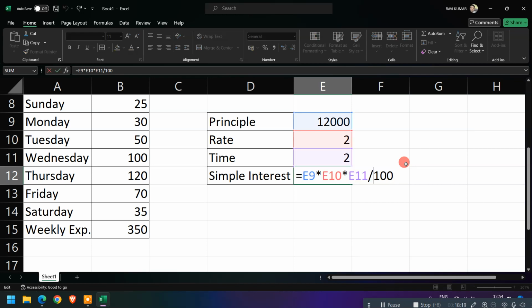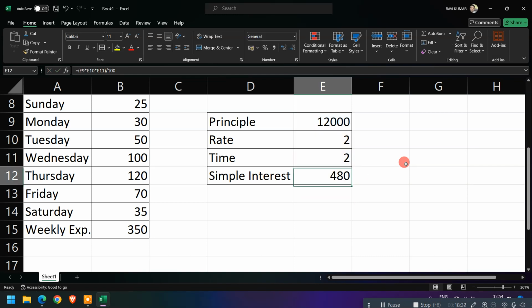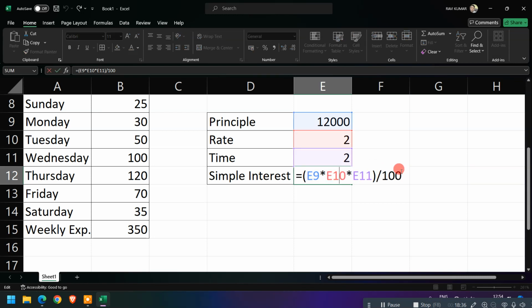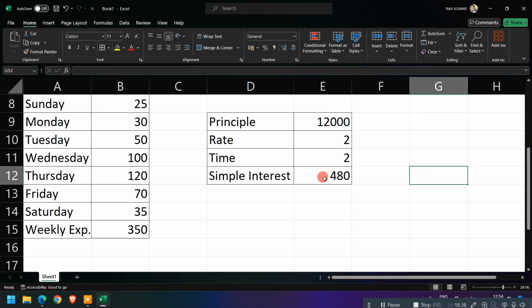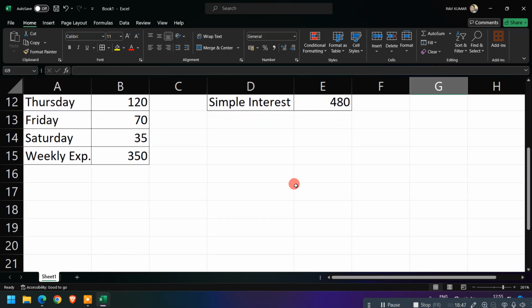But I am telling everyone, we should follow parentheses like BODMAS. Everywhere we should follow BODMAS. Why should we follow it?